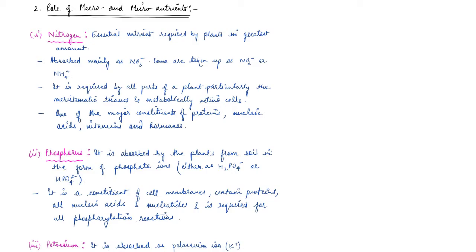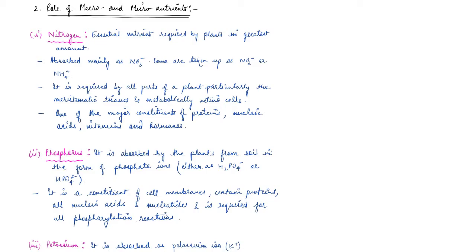If you have not gone through the previous video, I would request you to go through that as well. They are responsible for a lot of important functions like the electron transport system, buffering action, enzyme activity, and they act as constituents of macromolecules and coenzymes as well.